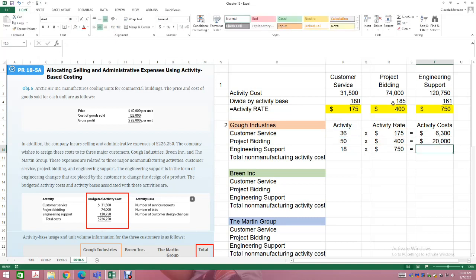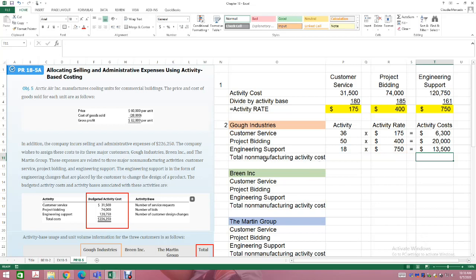That'll give me 20,000. And we're going to get the 18 design changes times 750. I selected the wrong link right here. That'll give me 13,500.